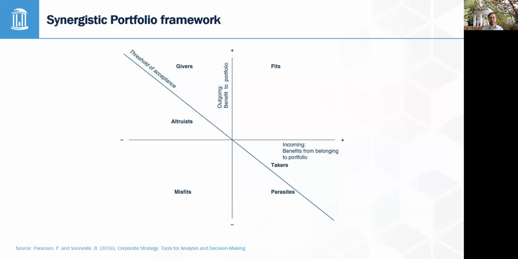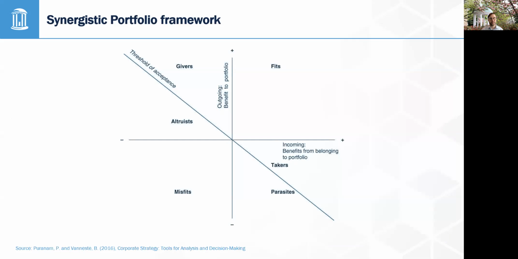The next framework we talked about for this section on synergies and horizontal diversification was the synergistic portfolio framework. You'll notice that there are 4 quadrants on this, and 2 of those quadrants are further divided. What you have here is on the horizontal axis, benefits to a business unit from being part of a portfolio.